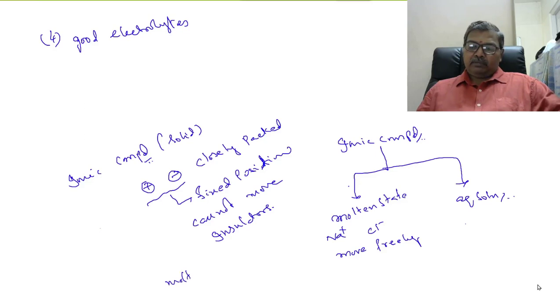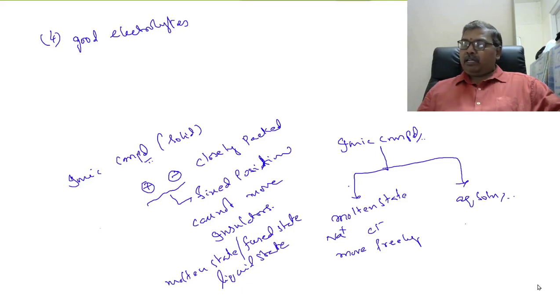So in the liquid state, molten state, fused state, oppositely charged ions move freely, therefore they conduct electricity. In aqueous solution, what is an aqueous solution?